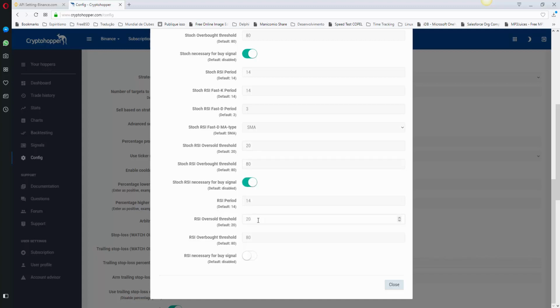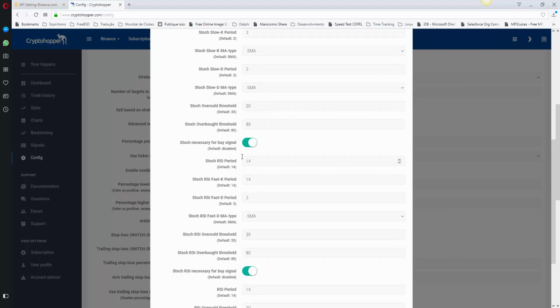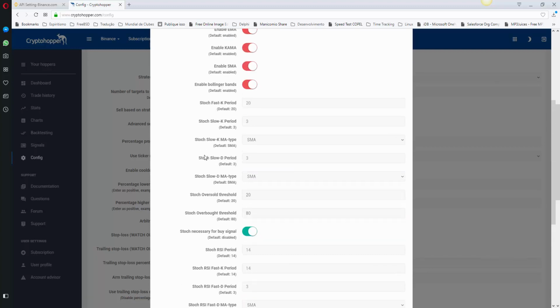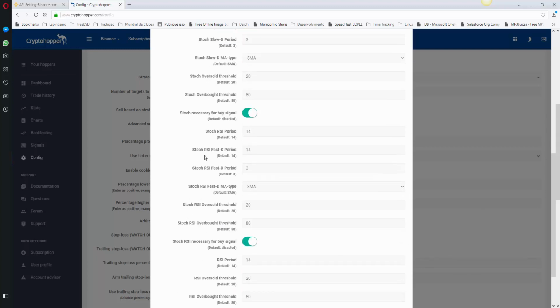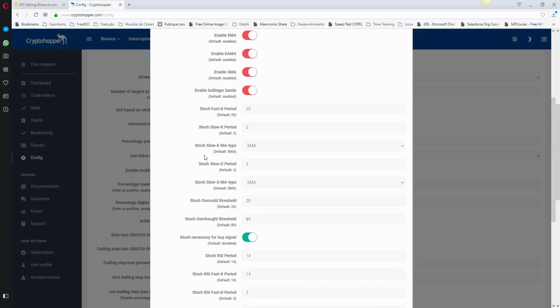And here as well, I will put these settings as default and enable. The way I have configured here, it will only buy the coin if the coin is considered good to buy for these three signalers. And it really works very, very nicely.